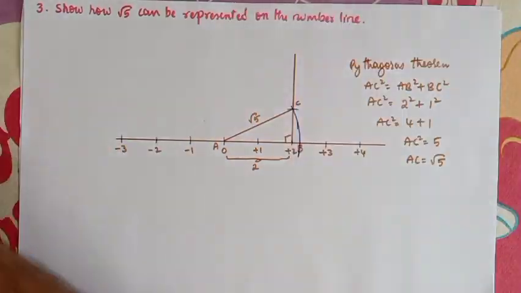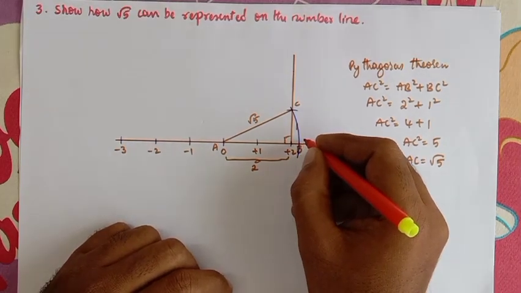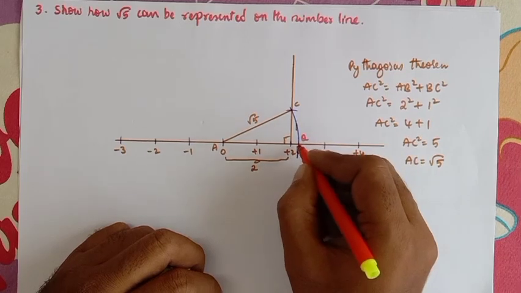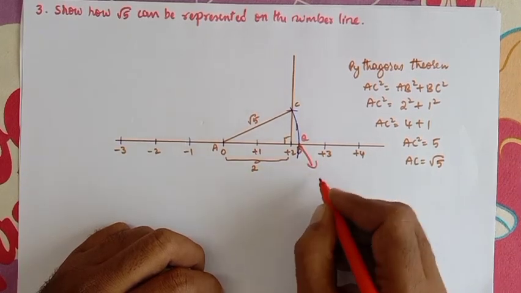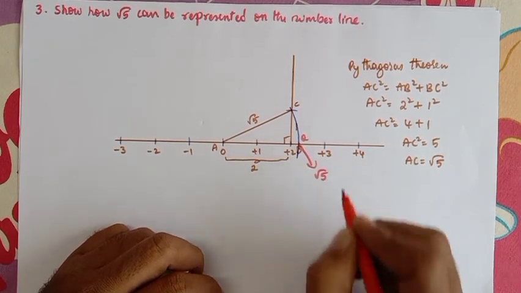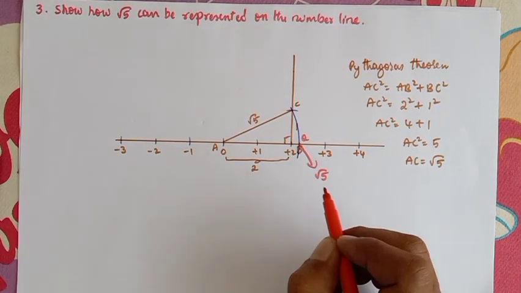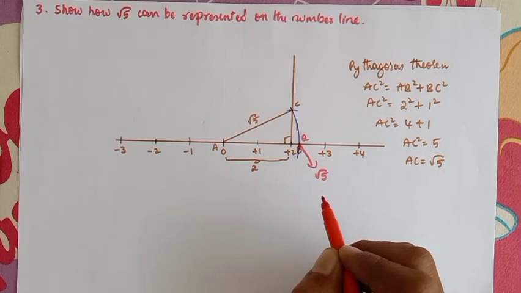Yes, we got the point. Let it be called Q. This point Q is root 5 on the number line. So we have represented root 5 on the number line.